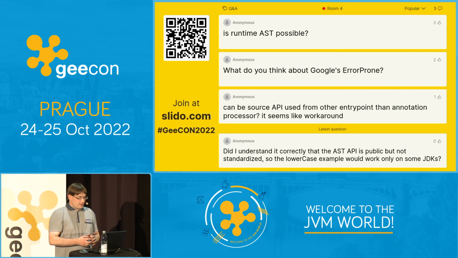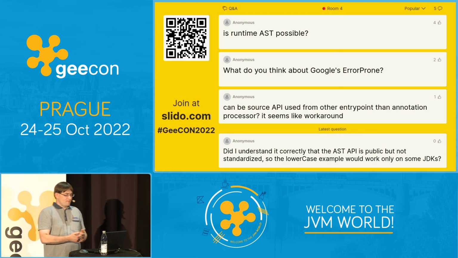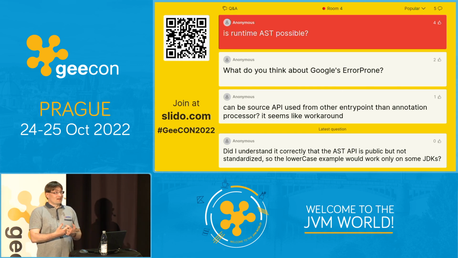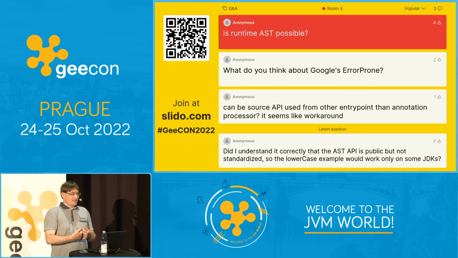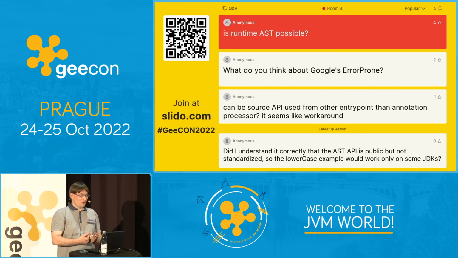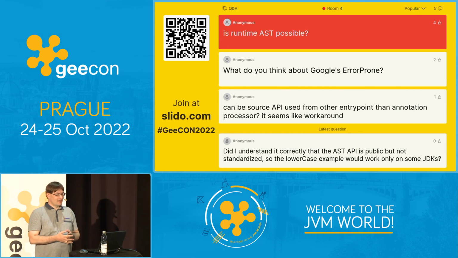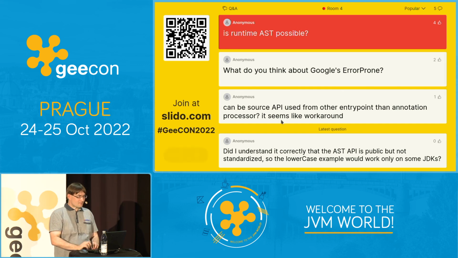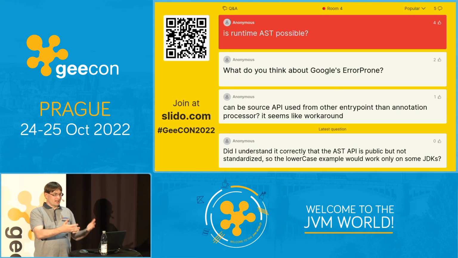Okay, let's go back. Is runtime AST possible? If you mean AST for the bytecode that is running, not at this time, or no, depending on how you look at it. But if you had source code, you could get the AST for it using the APIs, but that would be for the source code, not for the bytecode that is actually running right now.